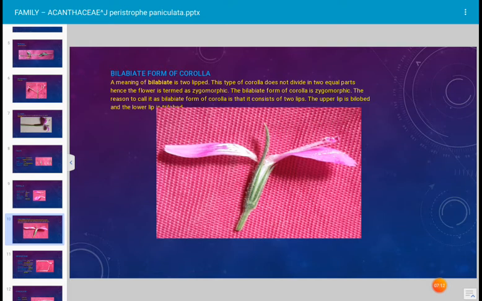The reason to call it a bilabiate form of corolla is that it consists of 2 lips. The upper lip is bilobed and the lower lip is trilobed. The apex of one petal has 3 lobes and the other petal has 2 lobes.